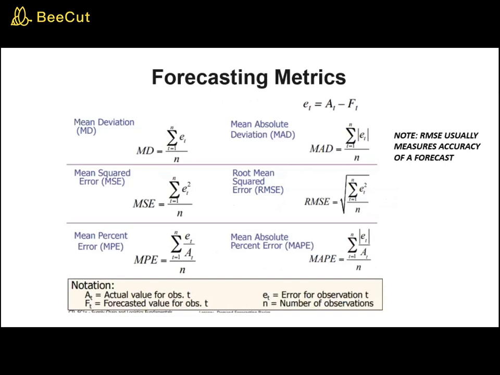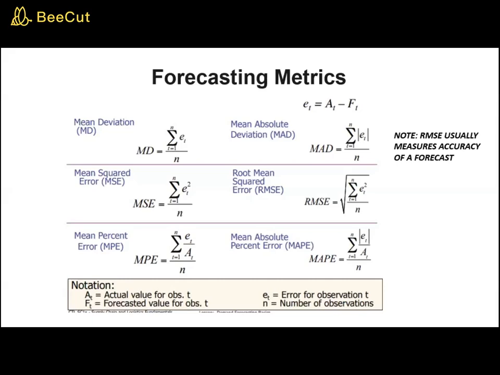Okay, now these are a little scary when you first look at them, but I will break these down and explain them to you, and hopefully by the end of the lecture you will feel comfortable with these. In a nutshell, all that this slide is really showing is various ways that you can measure the error between the actual demand and the forecasted demand.